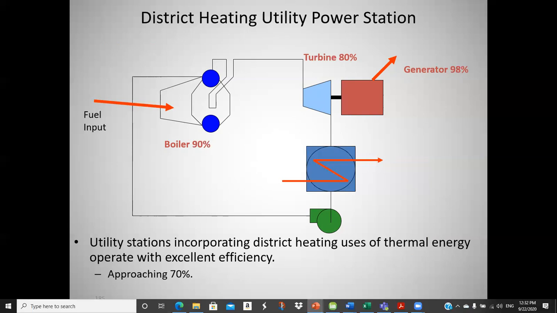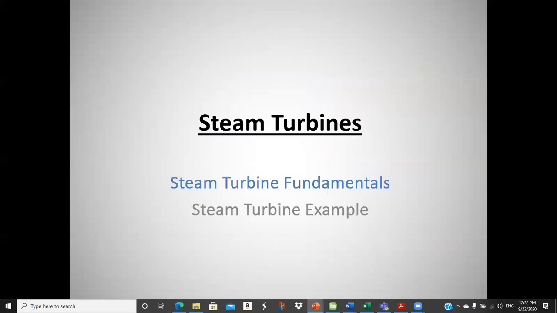So that's called district heating. But the key is to come out of that turbine with enough pressure and temperature that it's still useful. So you've not just optimized the turbine, you've optimized the whole plant, taking into consideration that I have to have enough temperature and quality in the energy coming out of the turbine that I can use it for something else productive. So that's the key.